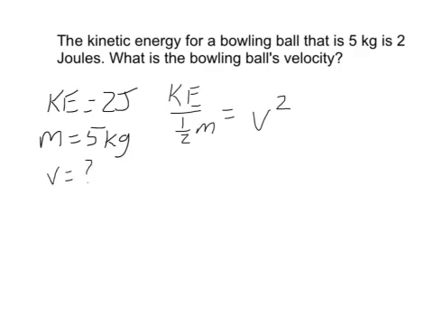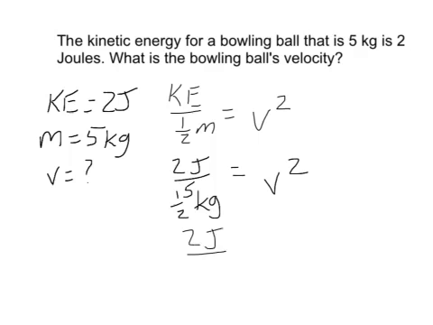Now, I already have the equation set up, so now what we're going to do is the kinetic energy, 2 joules, divided by 1/2 times 5 kilograms equals velocity squared. And 2 joules divided by 1/2 times 5, which is 2.5, equals velocity squared.